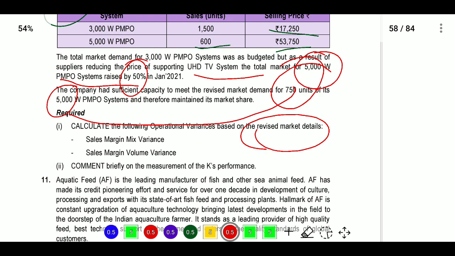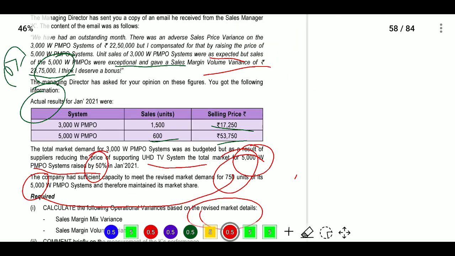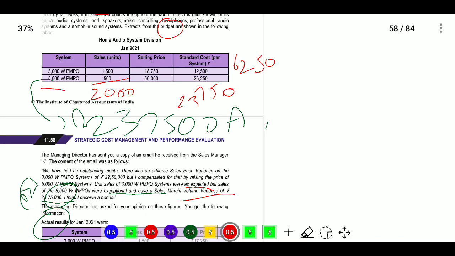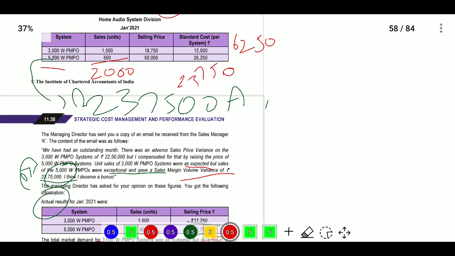So what are the revised market details? Actual will be 2100, budgeted will be 2000. What will the revised quantity be? From that 2100 we will calculate it based on budgeted: 1500 divided by 2000 into 2100.